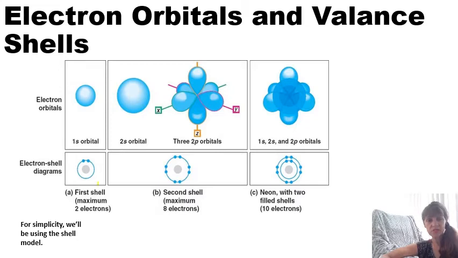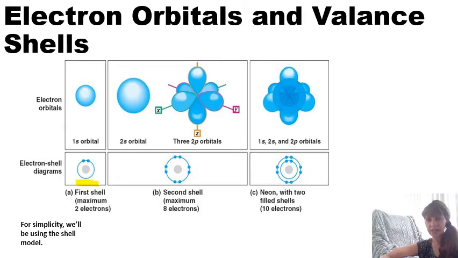This first atom on the left has 2 electrons denoted by those smaller blue circles. If there's 2 electrons in the shell, how many protons would there be? You're right, 2.